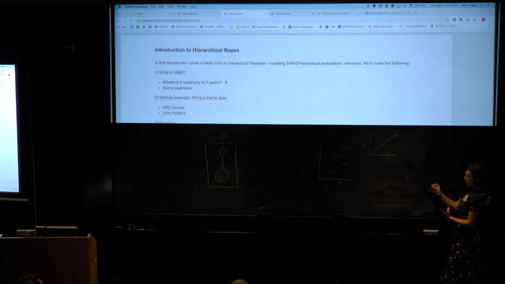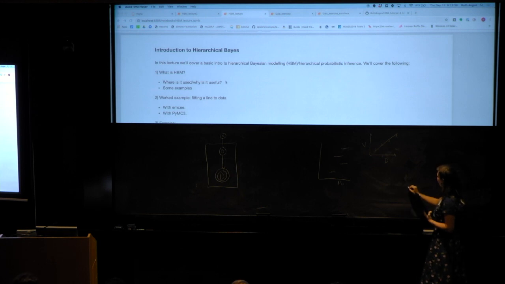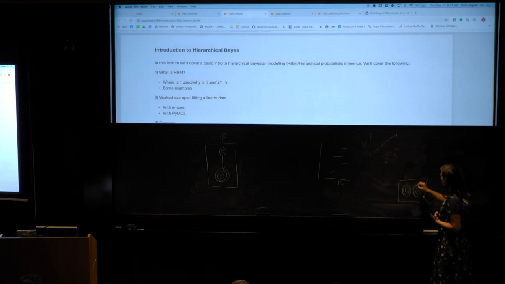Then you would have your observations, your distances, your V's for supernovae, where the subscript is for supernova. And you'd have some measurement.